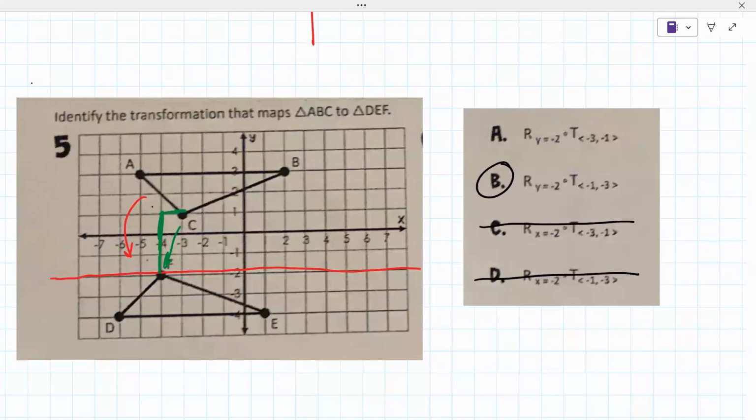So try 6 on your own if you can. It's somewhat similar.